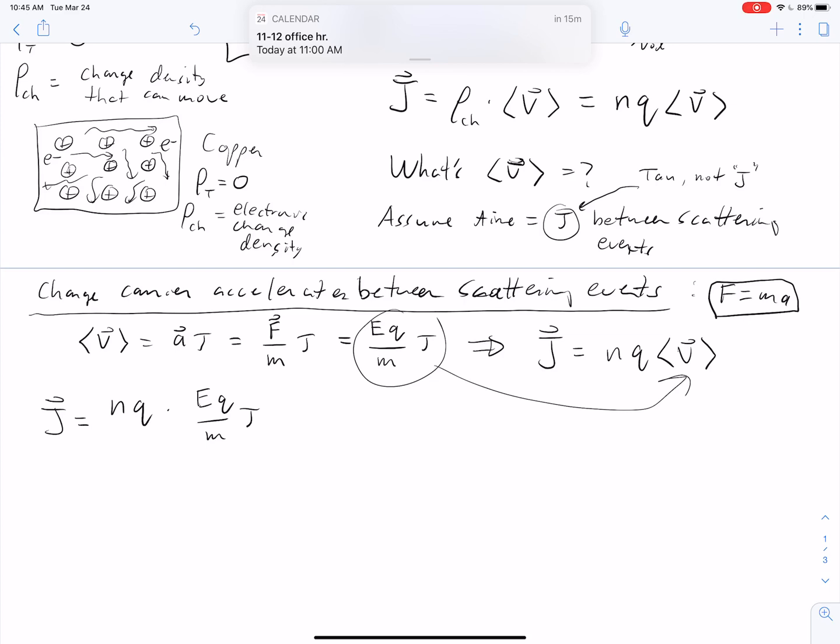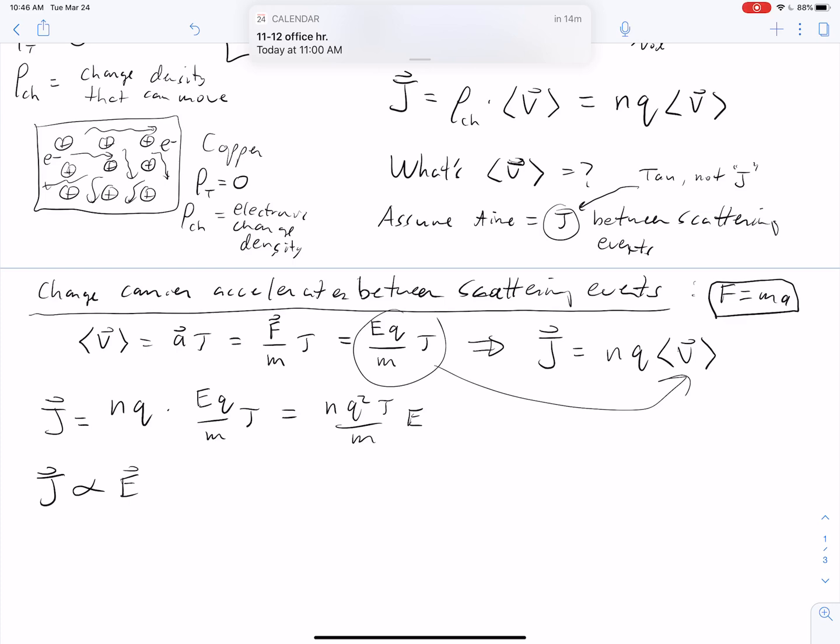And so that gives us this very famous formula, which is that J is equal to nq squared tau over m times E. And that's really famous because basically this is telling us that J is proportional to the electric field.